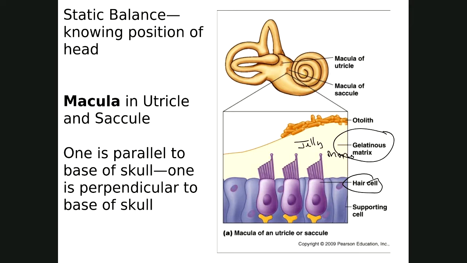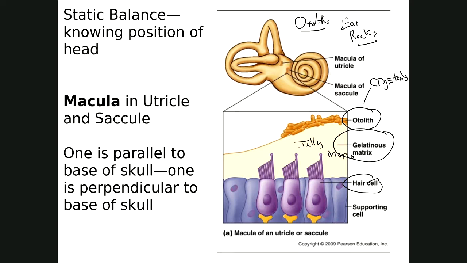But in the jelly are little tiny rocks, little tiny crystals. They're literally rocks. They're called otoliths. Oto means ear and lith means rocks. They're ear rocks is what they are. So if somebody tells you you have rocks in your head, you can agree with them because you do.